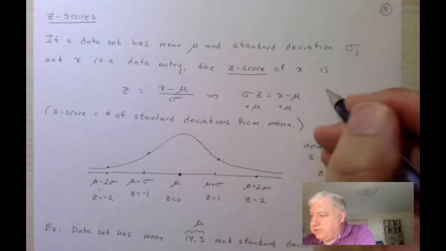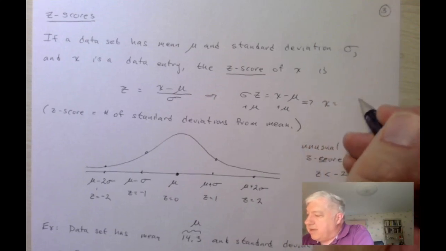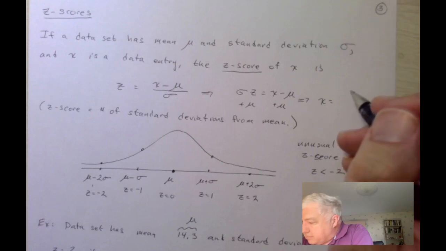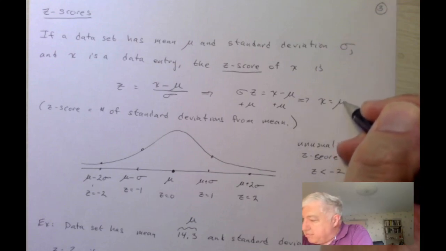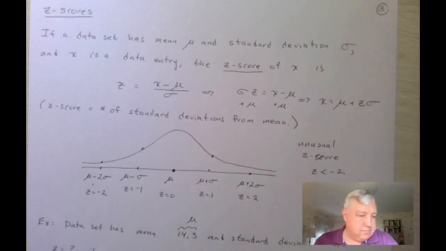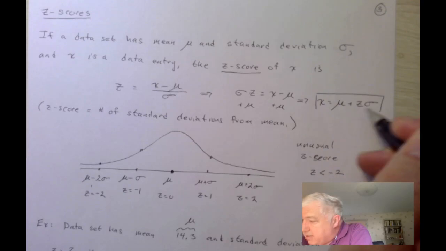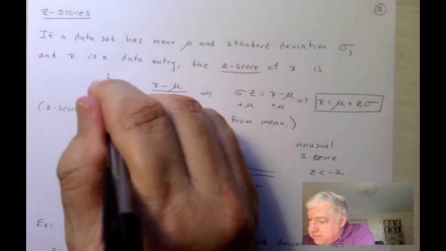And so, cleaning things up, you get that x is going to be mu plus z sigma.